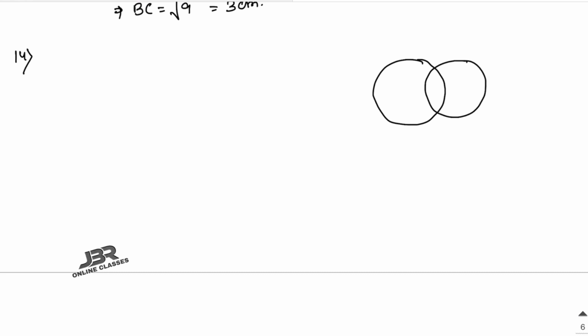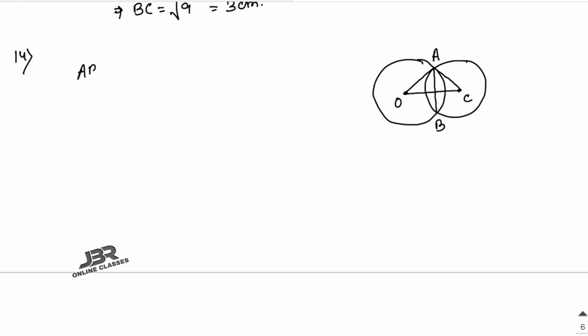And suppose this one is the common chord, with ends A and B. This is the center of the first circle, this is the center of the second. Suppose this one is O, this one is C. Now join OA and AC, then you can join OC also.